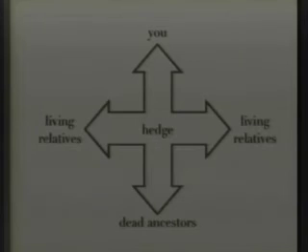So what I'm interested in is doing something more like a hedge, which provides radial coverage. It doesn't link you just vertically to dead ancestors, but also spreads horizontally, including living relatives, and also including people who you're married to, who you are related to through marriage, not just through direct blood. Another thing about traditional family trees is that, well, actually, I'll get to that later. I'll go through family trees.